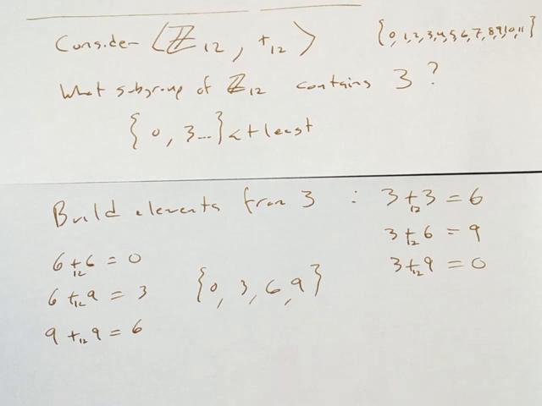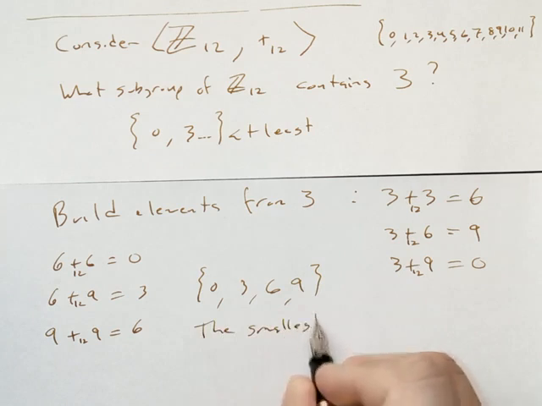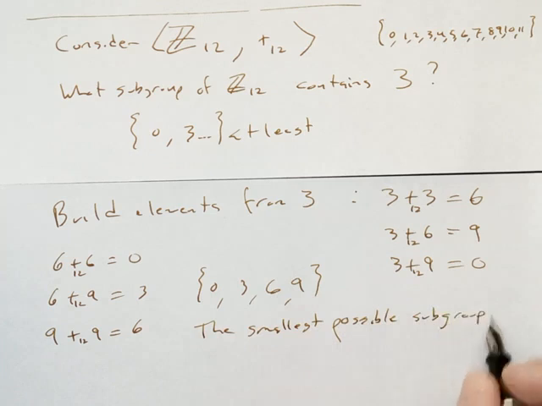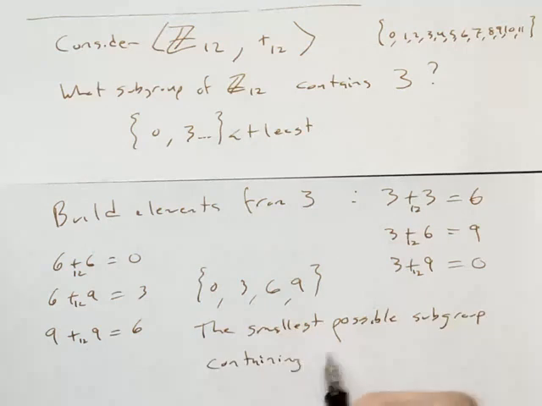It's the smallest possible that's going to have 3. So the must the way 3 as opposed to 12.